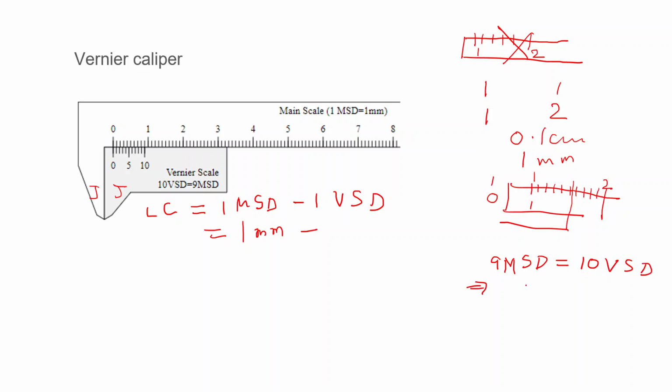This means that one vernier scale division is equal to 9 over 10 main scale division. So here we can write 1 vernier scale division is 9 by 10 main scale division.